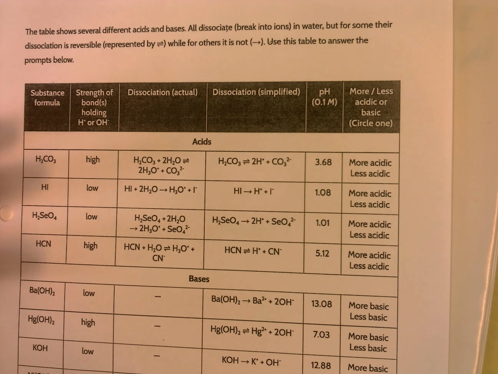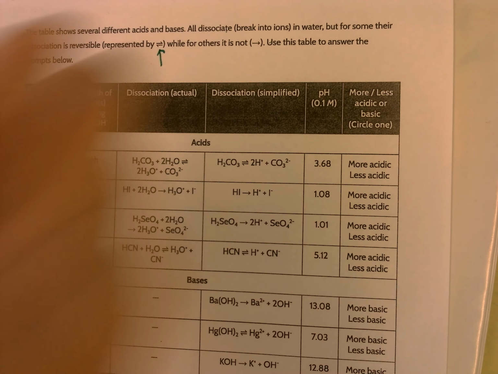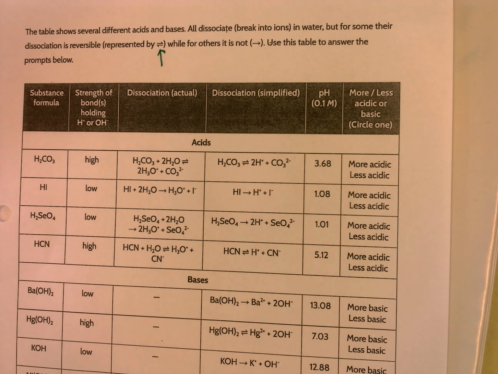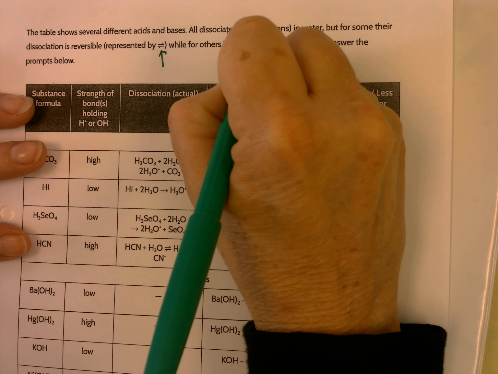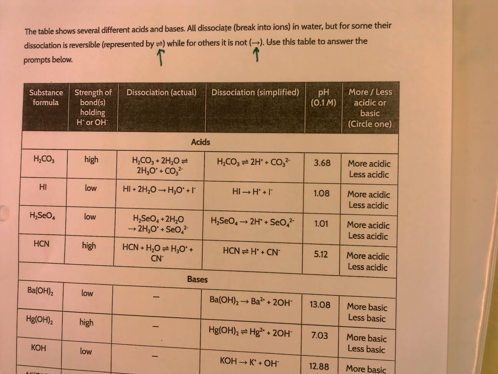But for some, their dissociation is reversible, and this is represented by those 2 arrows going back and forth. And for others, it's not reversible, and that's represented by 1 arrow going straight across. There's no going back. You can't go home, all right? Use this table to answer the prompts below.